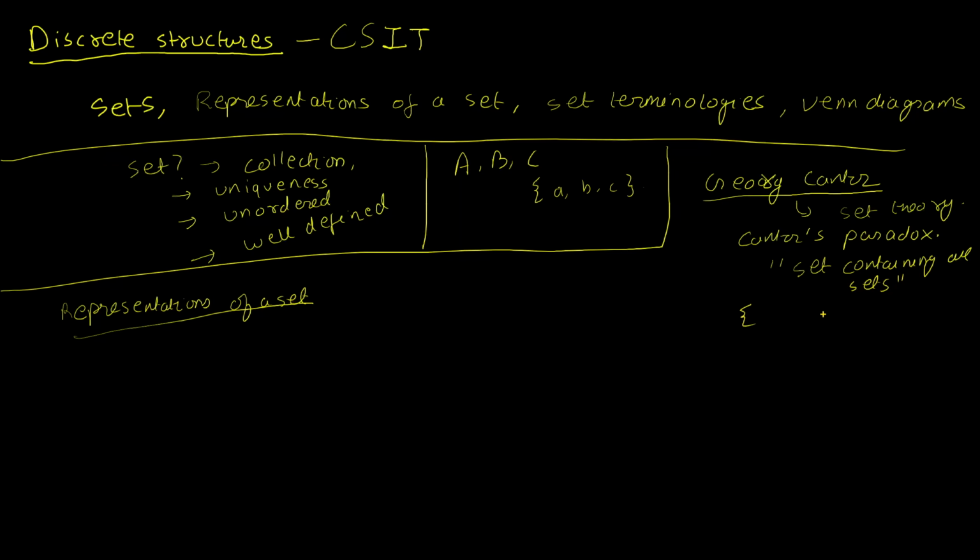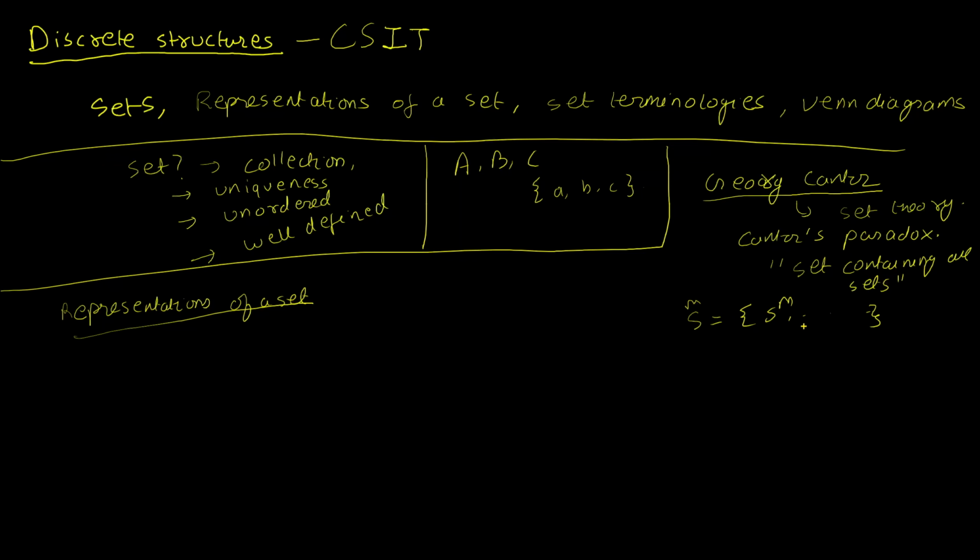So if I were to assume there is a set that contains all sets, let's say I put a crown over this. It's a superpower set that contains all other sets. Then this set itself should also be in this set, because it contains all sets. Now, if I put this set into it, it's no longer the same set.